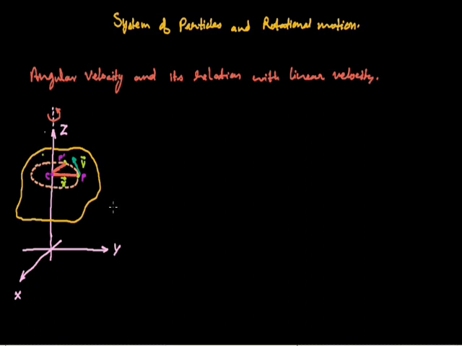In that case, when the body is rotating with respect to the z axis, all the mass particles inside the body are also rotating with respect to the z axis. So in this case, we can consider at any instant of time the linear velocity and the angular velocity of a mass particle P, which we have assigned in our given diagram.